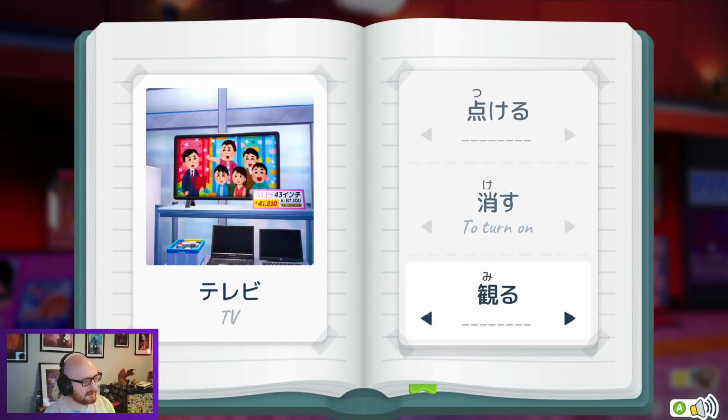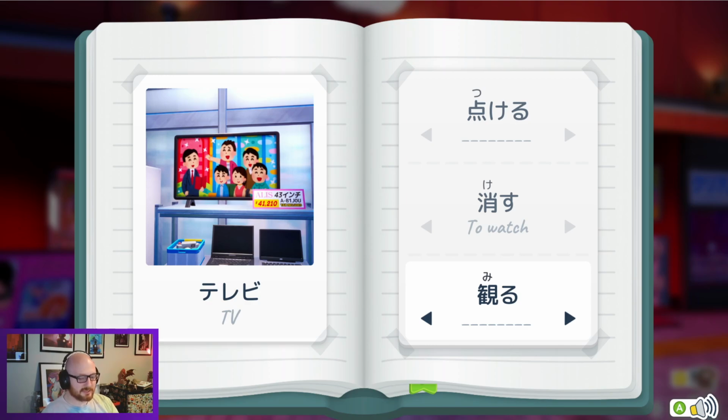Now, we'll start with miru here, because these other two we need to do in concert with each other. Miru is to watch. With this specific kanji, it means to watch. If we did not have the first half of that kanji, the little shelf and then the bookshelf looking thing down the bottom, and just had the box with legs that's on the right side of that, that would also be miru.